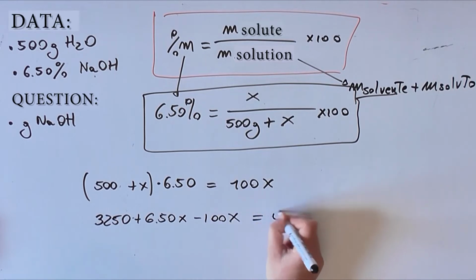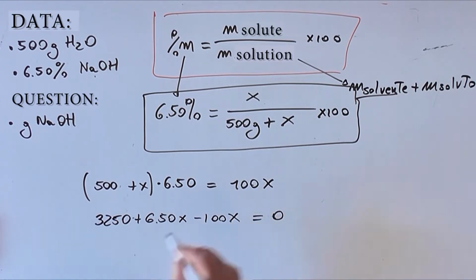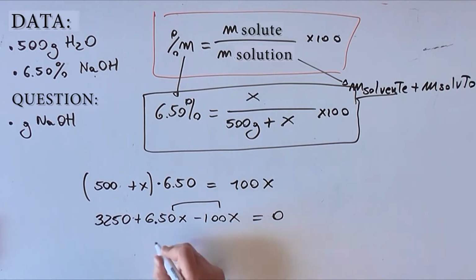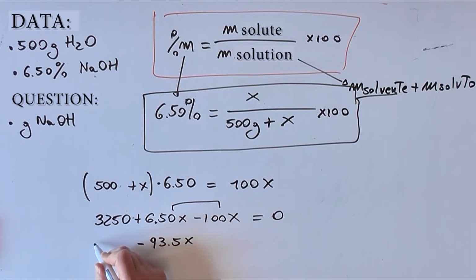The subtraction of 6.5x and 100x is 93.5x minus 3,250 equals 0.